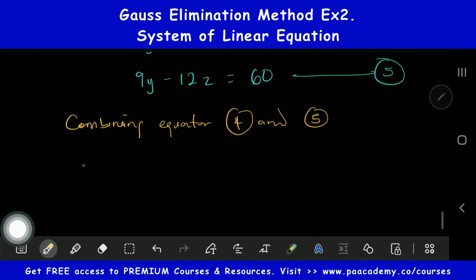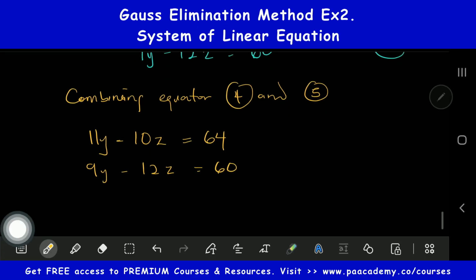So I'll go ahead and bring it here: 11y minus 10z equals 64, and our equation 5 was 9y minus 12z equals 60. The same thing we want to do here, we want to eliminate either z or y. You can decide to eliminate z, you can decide to eliminate y, but I want to use y. I always like to use what is at the most left.